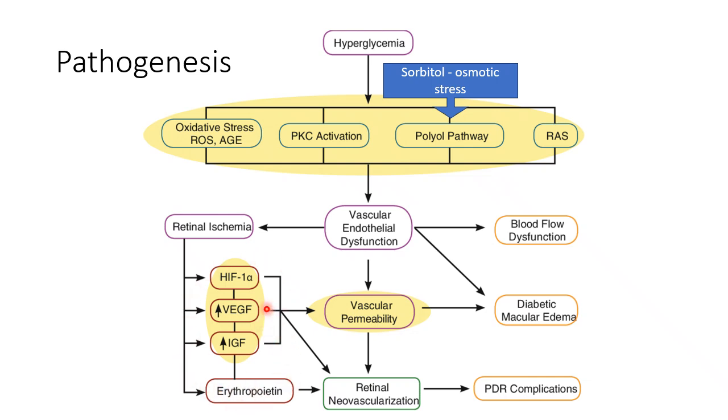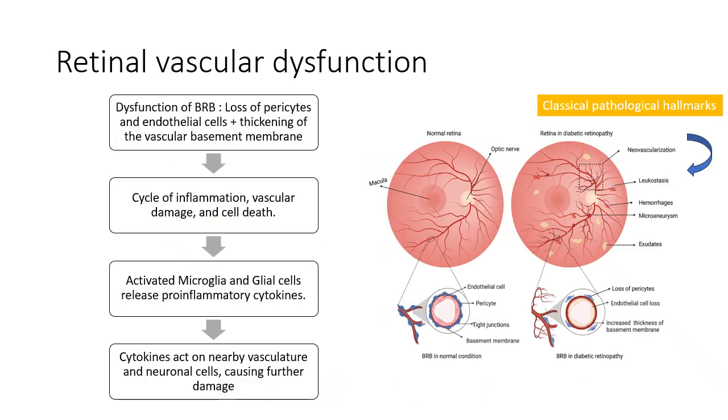All these factors, especially the king of all of them, your VEGF, lead to retinal neovascularization, which is the hallmark for your proliferative diabetic retinopathy and its associated complications. So that was the pathogenesis at a biochemical or a cellular level.